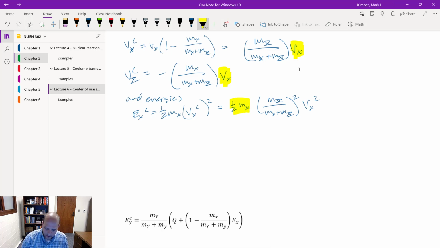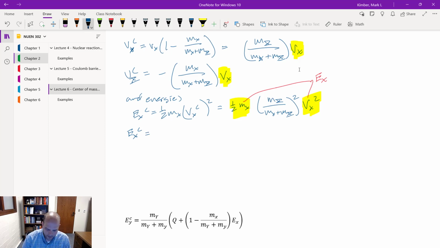But this here, 1/2 mx times vx squared is, if I combine these two, just my kinetic energy in the lab reference frame, so that's Ex. And so I can express my kinetic energy of the projectile in the center of mass reference frame as a function of the kinetic energy of the projectile in the lab reference frame.